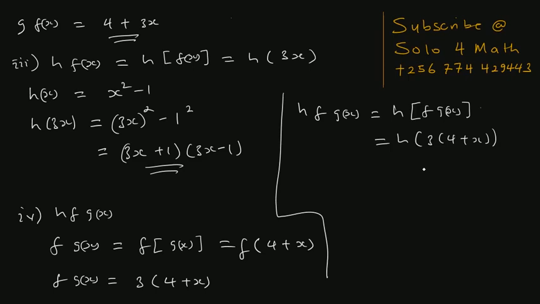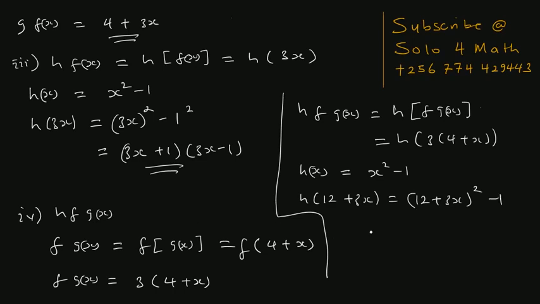So if you have a function h, which is x squared minus 1, then h of, let me open this to give me 12 plus 3x, is equal to, where there is x, we put 12 plus 3x. So this is 12 plus 3x squared minus 1.